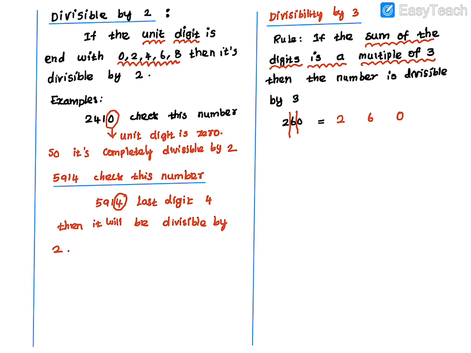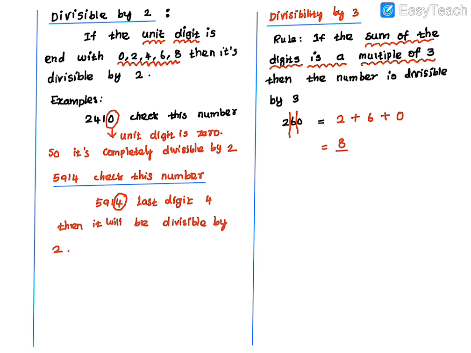The sum of the 3 digits means we have to add all those digits. 2 plus 6 is 8. Is 8 a multiple of 3? No, 8 is not a multiple of 3. Multiples of 3 are 3, 6, 9, 12, 15, and it goes on like this. For 260, if we add all the digits, it is not a multiple of 3.